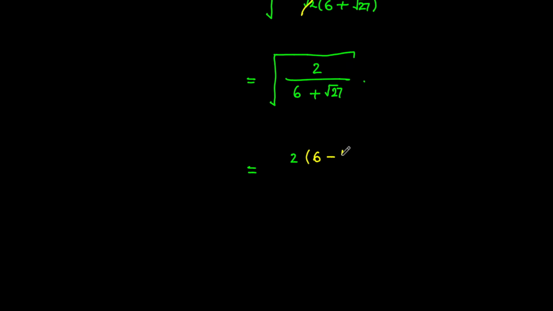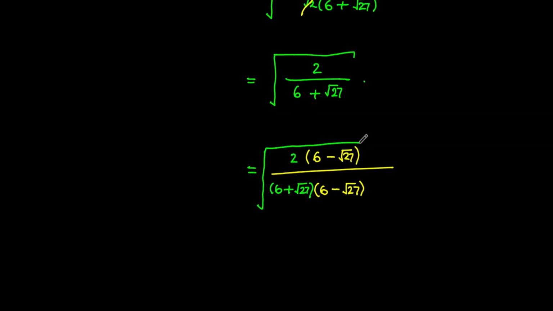So we have here minus root 27 as the conjugate, and from the denominator we also copy our 6 plus root 27. So we also multiply with the conjugate of the denominator, and that is 6 minus root of 27. And we have our root sign here.